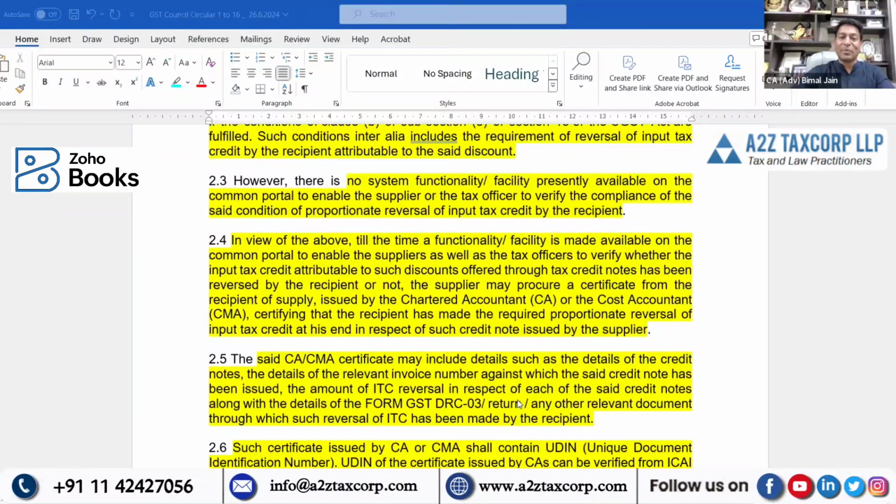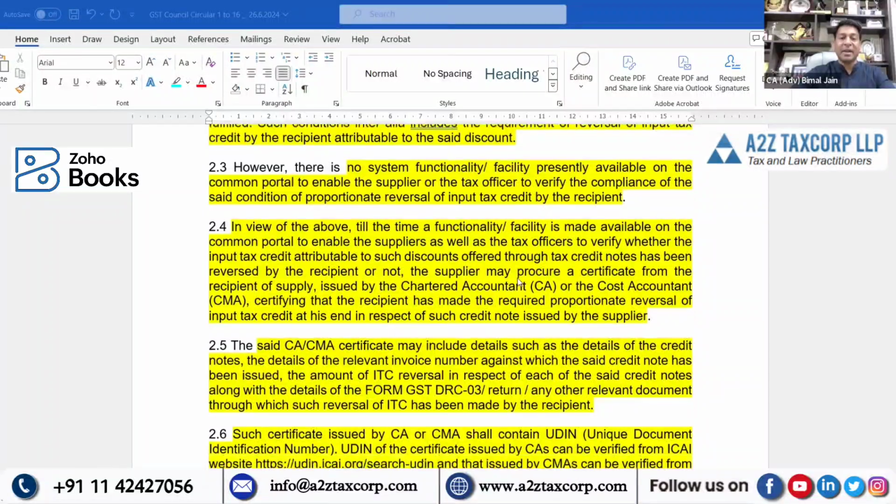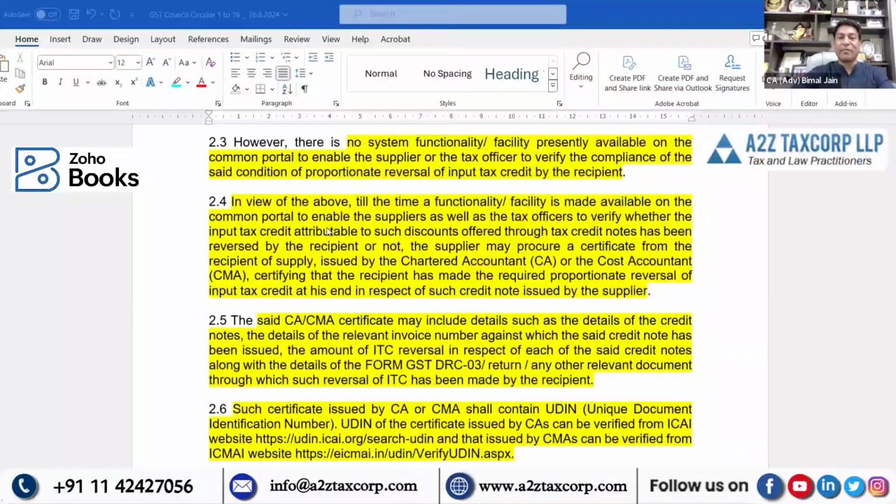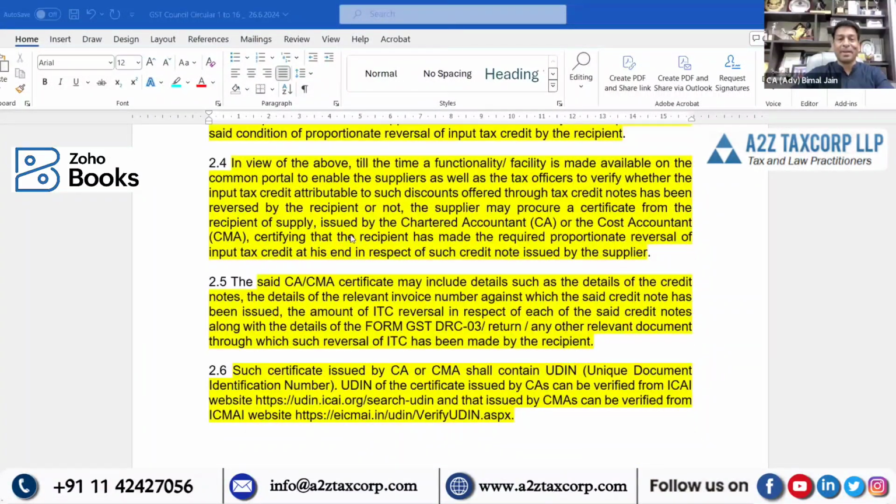Para 2.3 is acknowledging the fact that there is no system, functionality, or facility presently available. In view of the above, para 2.4 says, till the time a functionality or facility is made available on the common portal to enable the supplier as well as the tax officer.